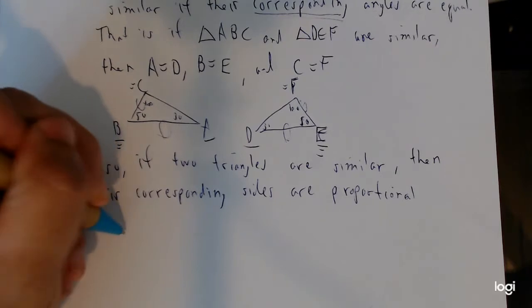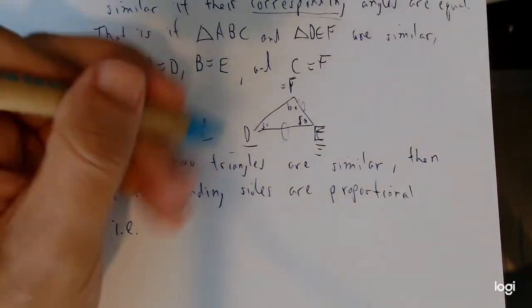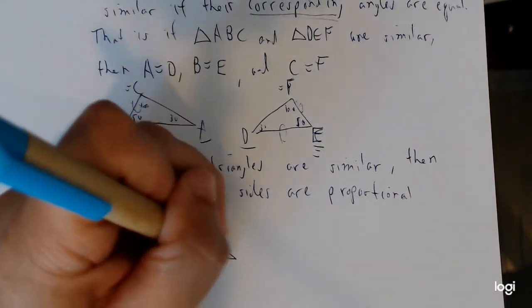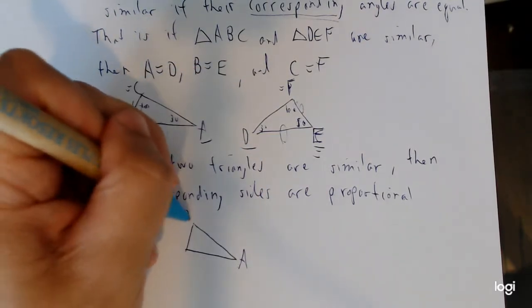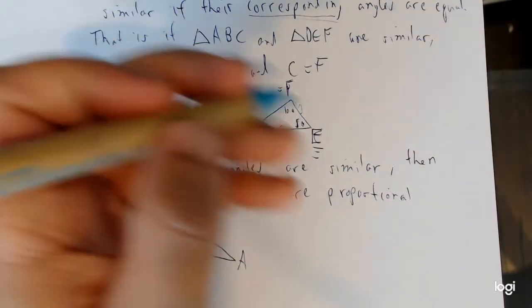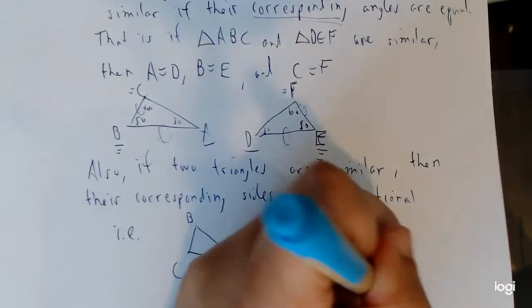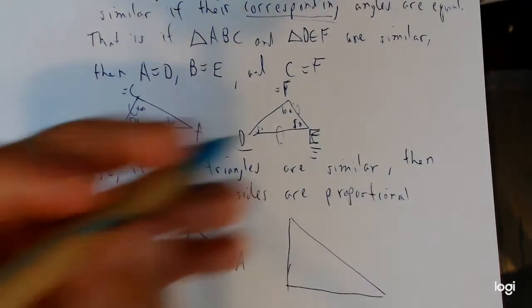So here's what I mean. For example, if I have a triangle that looks like this, A, B, and C, and I have another triangle that looks like this, which is bigger, which doesn't matter, right?